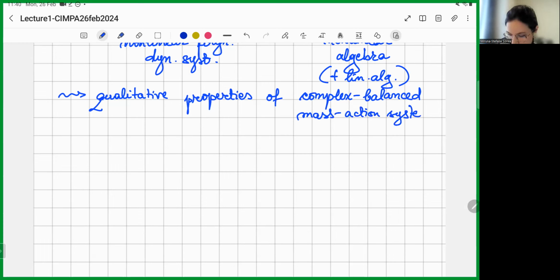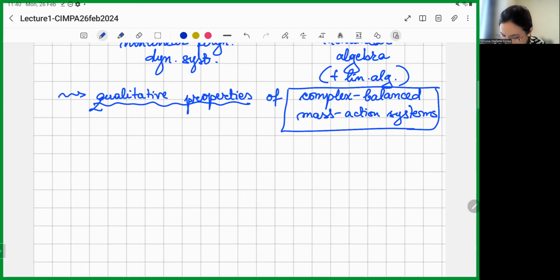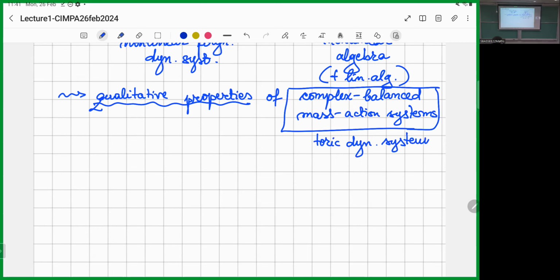And some of these notions you will probably already see tomorrow during Beatrice's lecture. We'll see. There might be common notions appearing, which is good. So qualitative dynamical properties of this kind of dynamical systems, and actually these are also called toric dynamical systems. These are the ones that we are interested in.